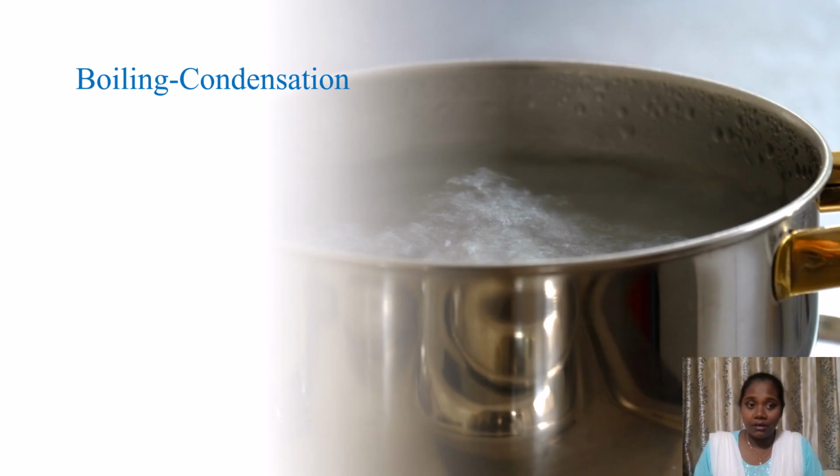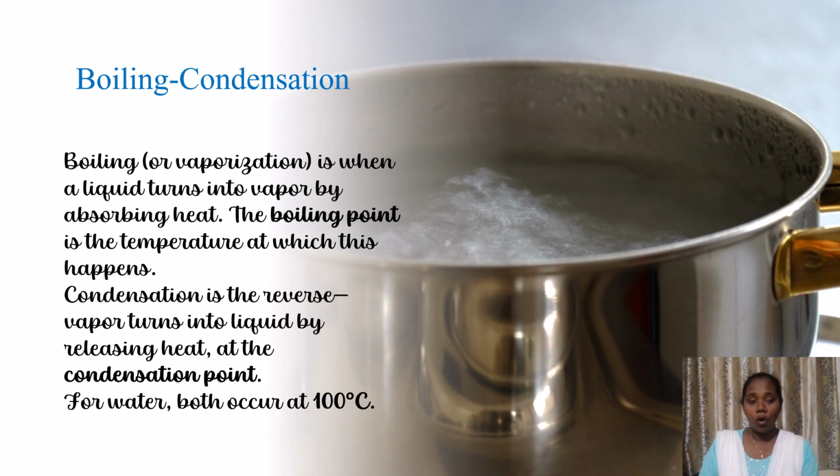Now let's see about boiling and condensation. Boiling or evaporation is when a liquid turns into vapor by absorbing heat, where the boiling point is the temperature at which this happens.